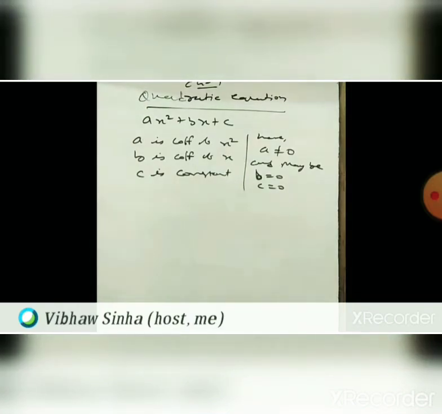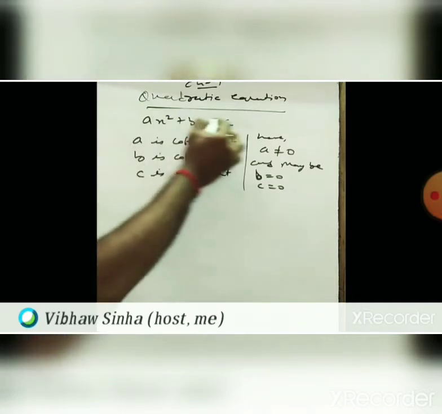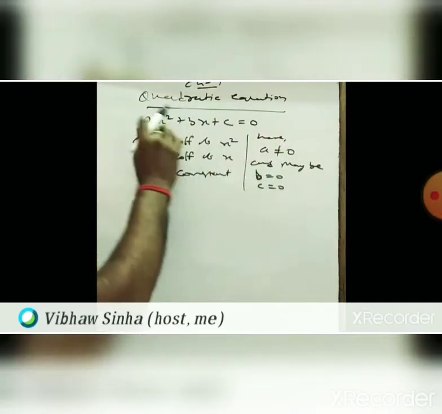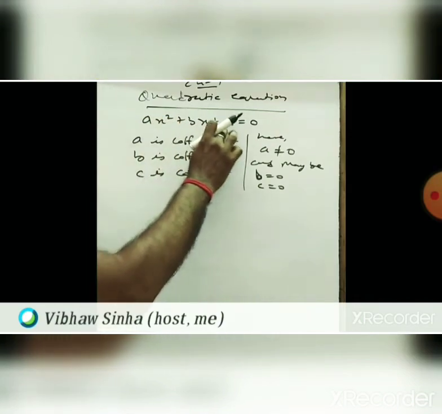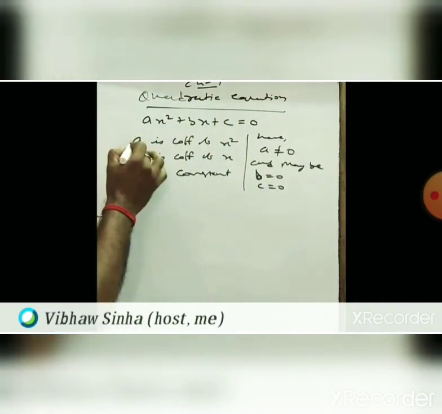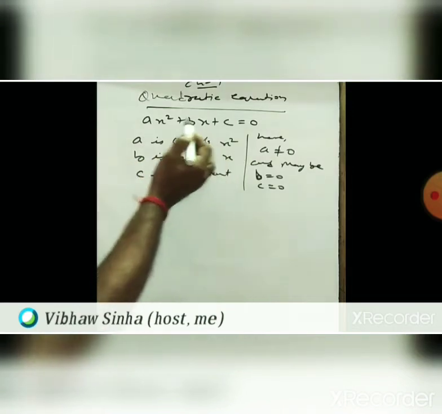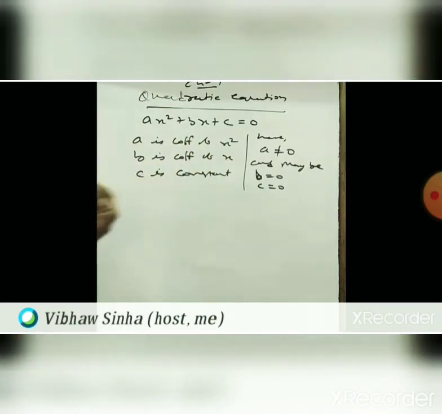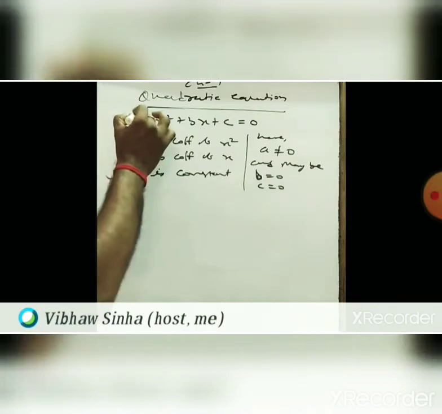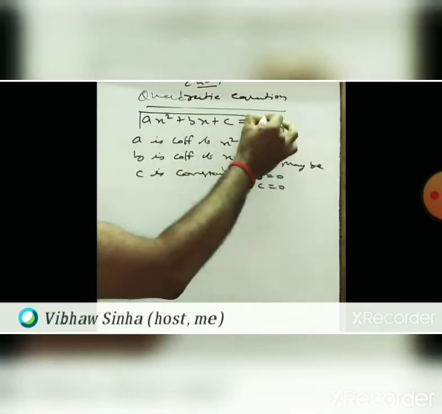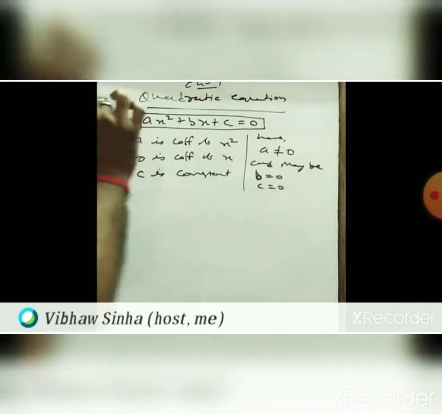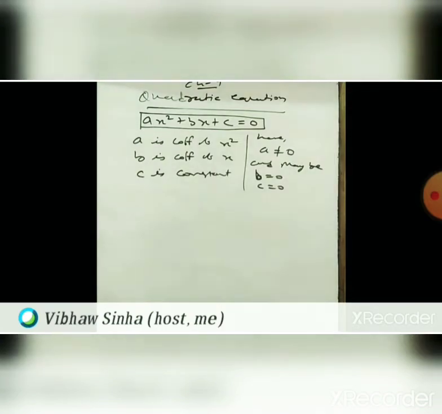The quadratic equation is in the form ax square plus bx plus c equal to 0, where a is the coefficient of x square, b is the coefficient of x, and c is the constant, right? So the general form of a quadratic equation is ax square plus bx plus c equal to 0.